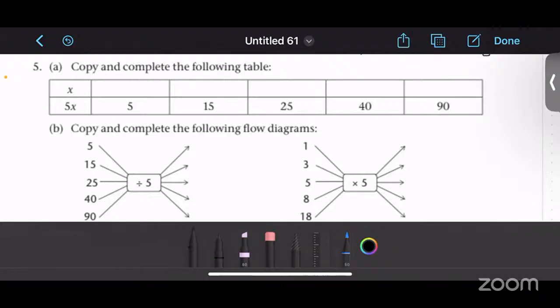So now we have 5 multiplied by X is equal to 5. What is the X value? What is the input? 5 divided by 5 equals 1.